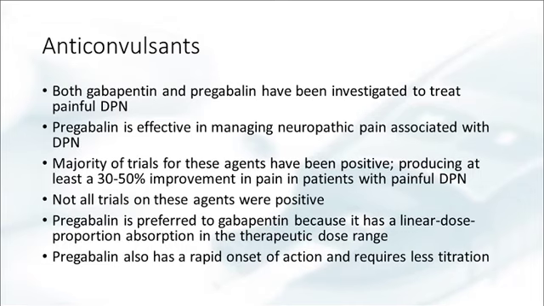Not all trials, however, were positive. Pregabalin is preferred to gabapentin because it has a linear dose proportion absorption in terms of therapeutic dosage range, and patients also have a rapid onset of action in terms of pain relief with pregabalin, and pregabalin requires less dose titration.